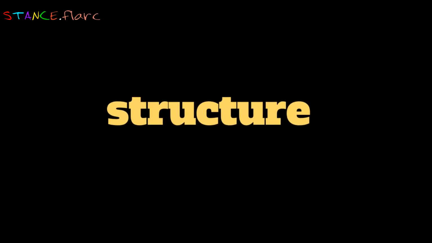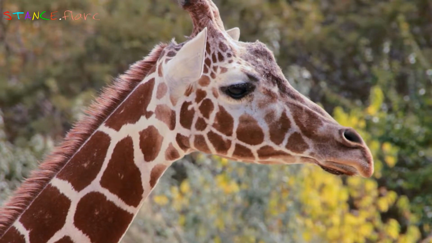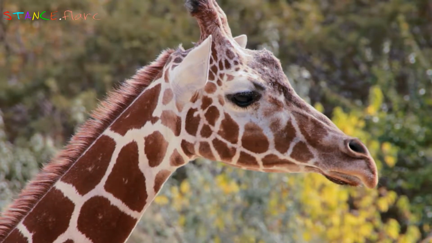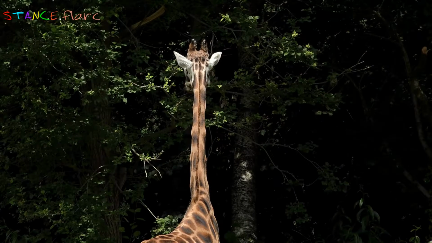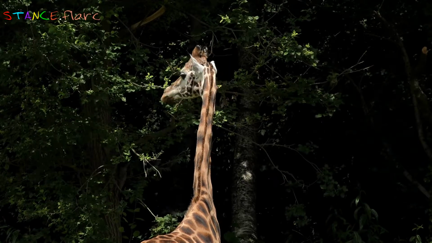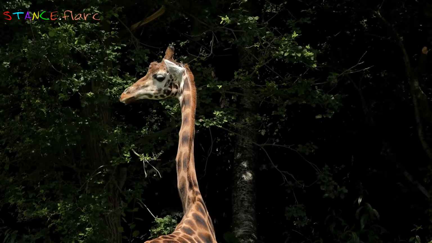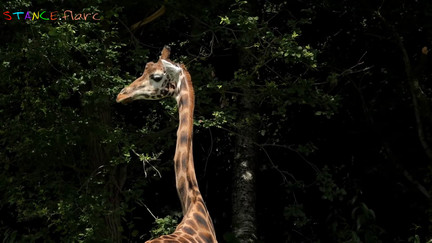Structure, the way in which something is built or the way that the parts of something are organized or arranged into a whole. For example, we can say that giraffes have very impressive bone structure. And bones are supported by muscles.